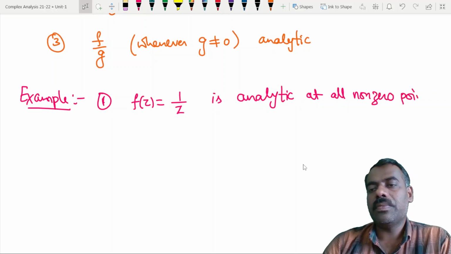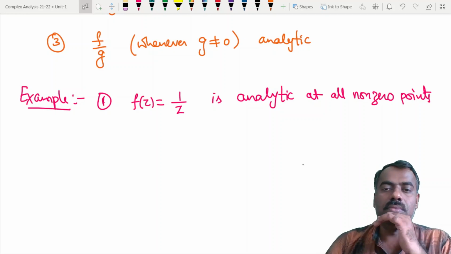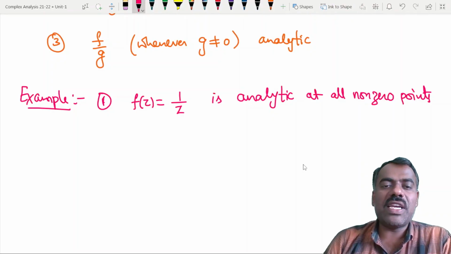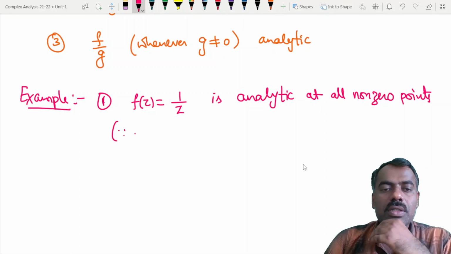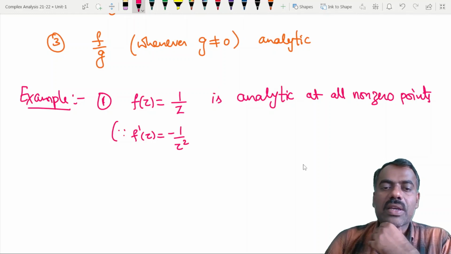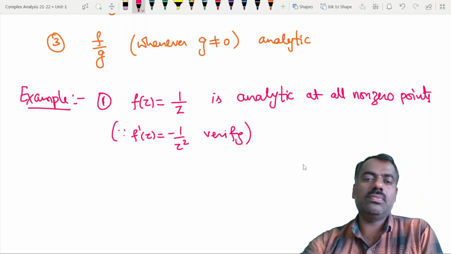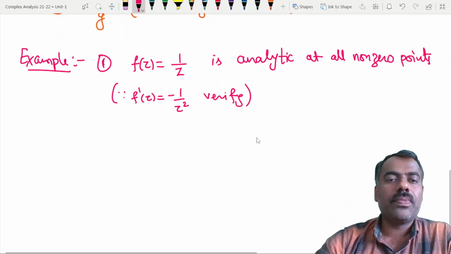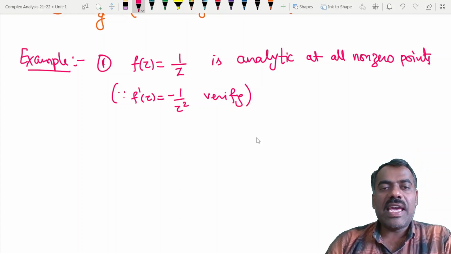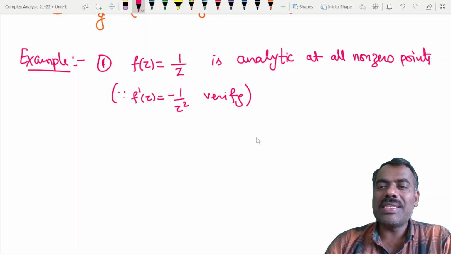Yes or no? Obviously, what is f dash of z? Minus 1 by z square, since f dash of z is equal to minus 1 by z square. You can verify this if you want. So this is an analytic function. It is analytic at all points except at 0.